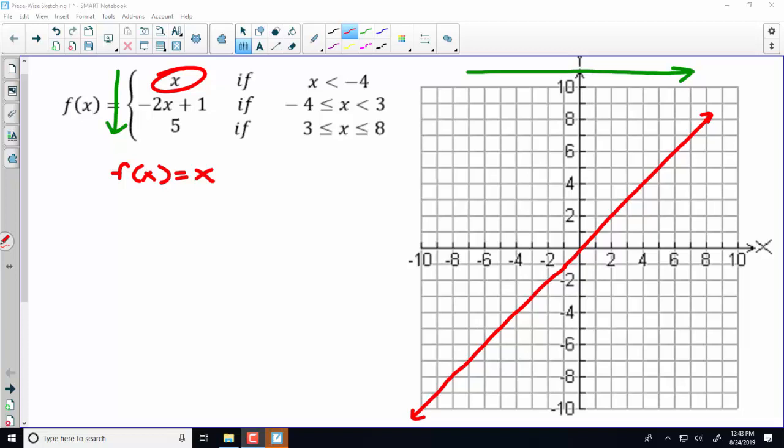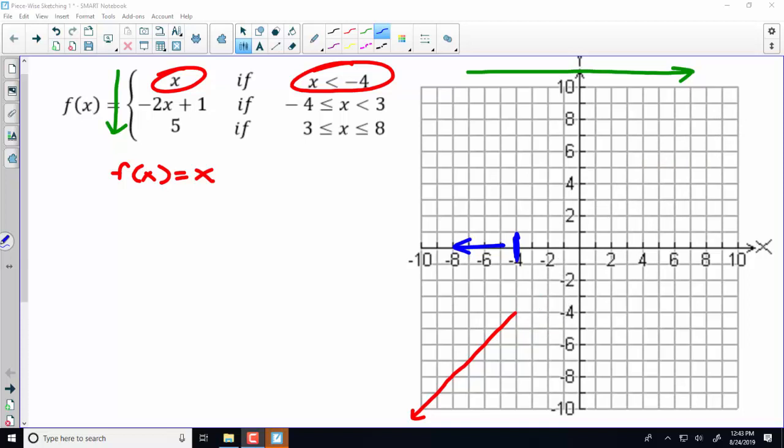In fact, we only want it for the values that are less than -4. So we find -4 over here on the x-axis, and we only want it for x values that are less than -4, which means we don't want any of this part of the graph right here.